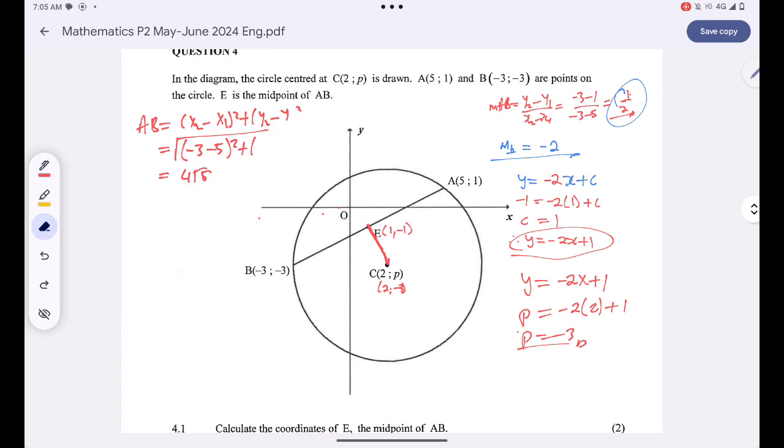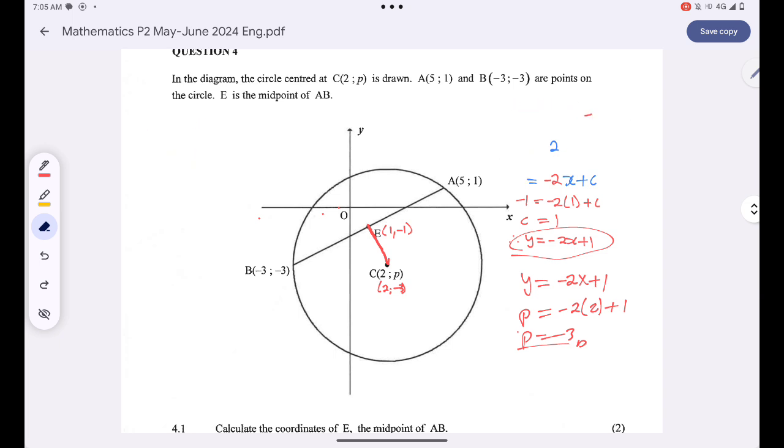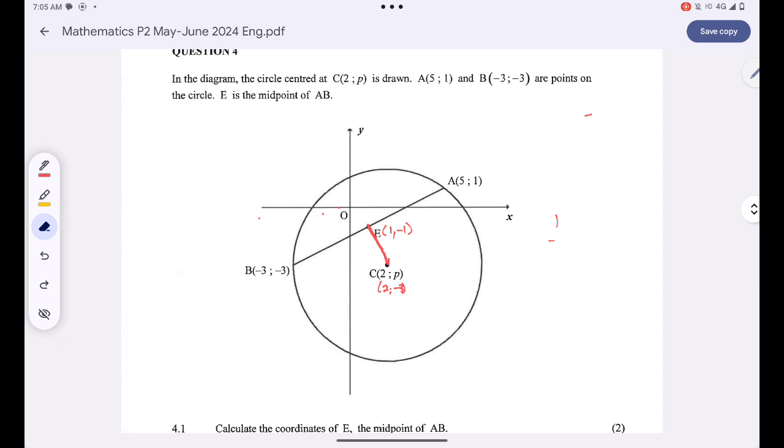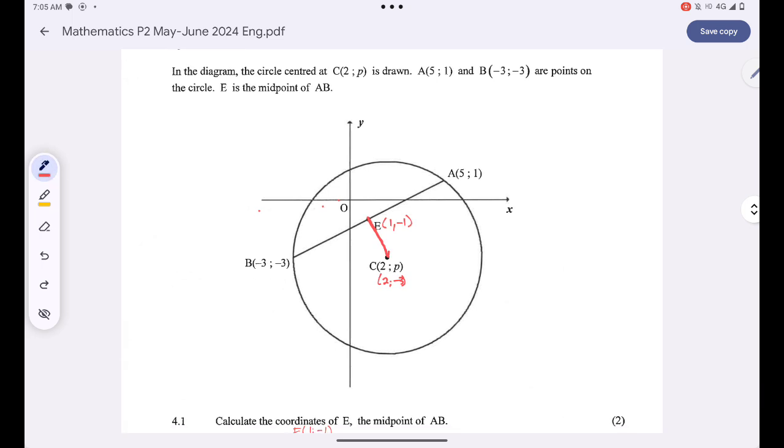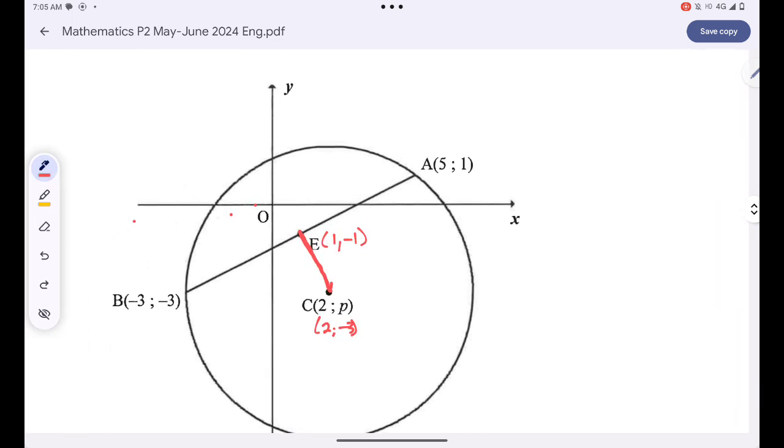For me to know the equation, I have to know the coordinates of my center and the radius of my circle. Are you together? But I don't have to calculate the radius if I have a point on the circumference.